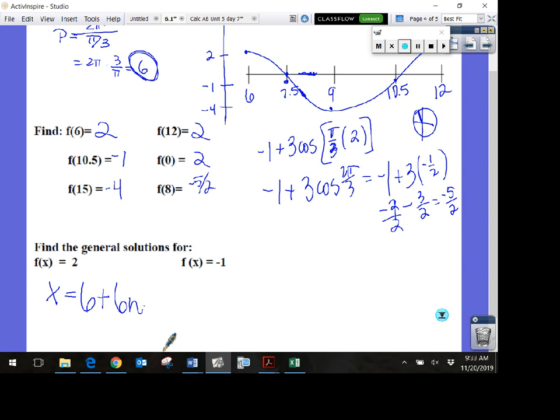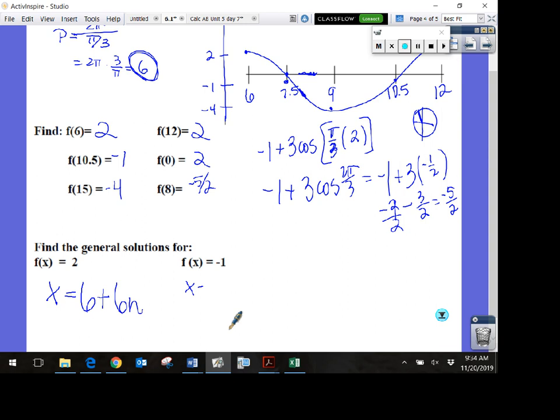All right, f of x equals -1. So if I look at that one cycle, there are 2 different places where the function equals -1. Are these 2 values the period apart? They're half the period. So we can either write 2 general solutions or we can halve our period. Either one works. So where does f of x equal -1? Well, one place is at 7.5.